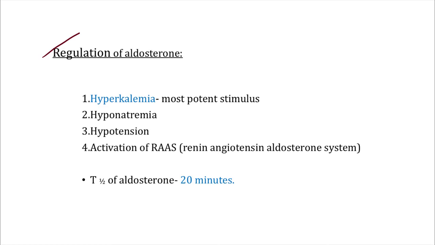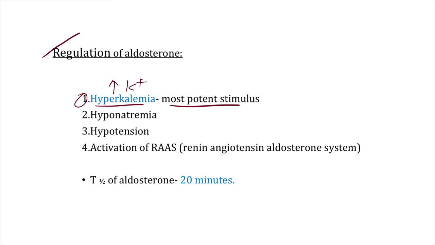What are the factors which regulate the aldosterone secretion? So see here, very important. The first one is very important. The most potent stimulus, the most potent factor which regulates the aldosterone secretion is hyperkalemia, elevated levels of potassium, right?